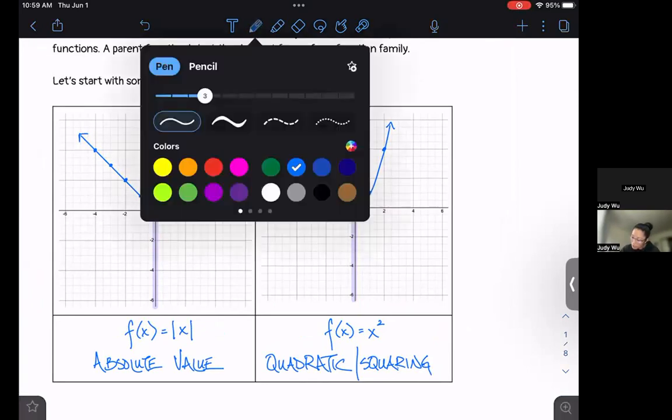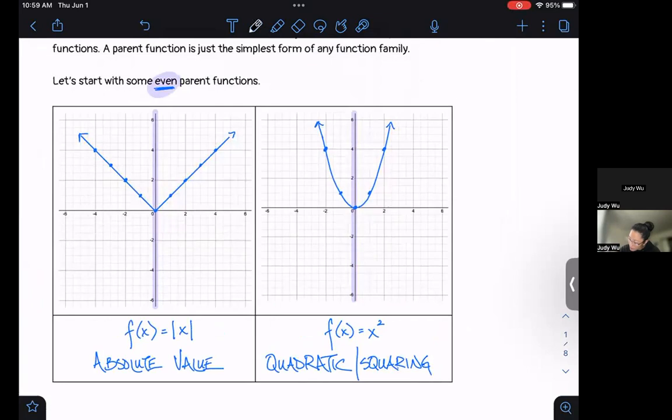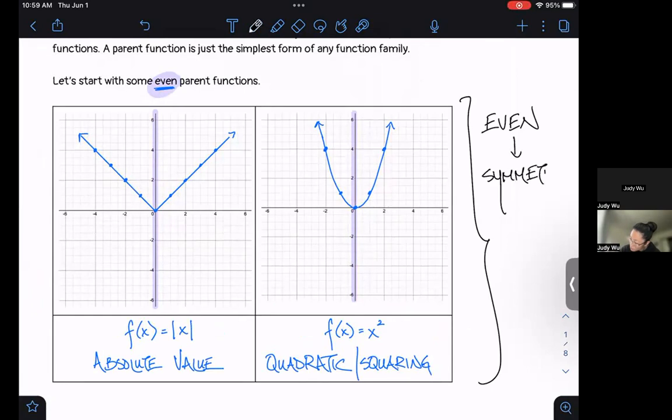And so both of these are even functions, and that means that they have symmetry. That's our fancy word for if we fold it over, we get that same picture. Now it's really important where we fold it over.